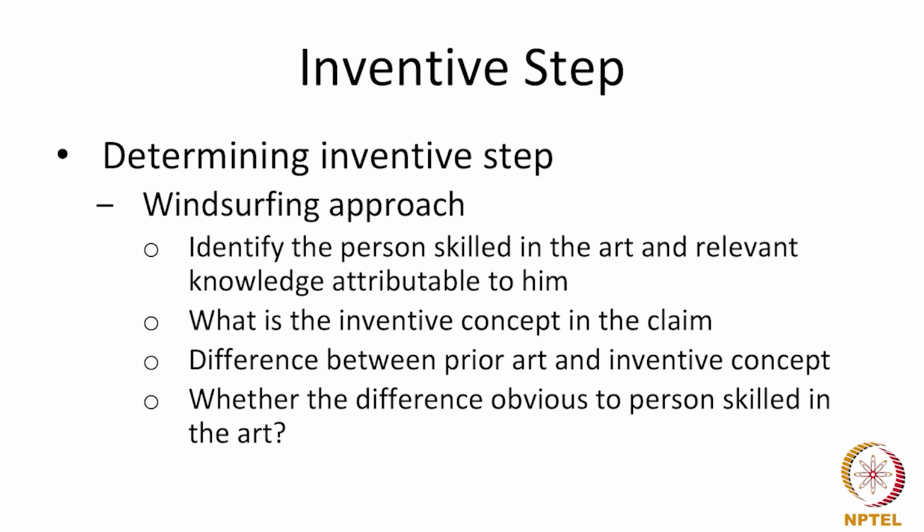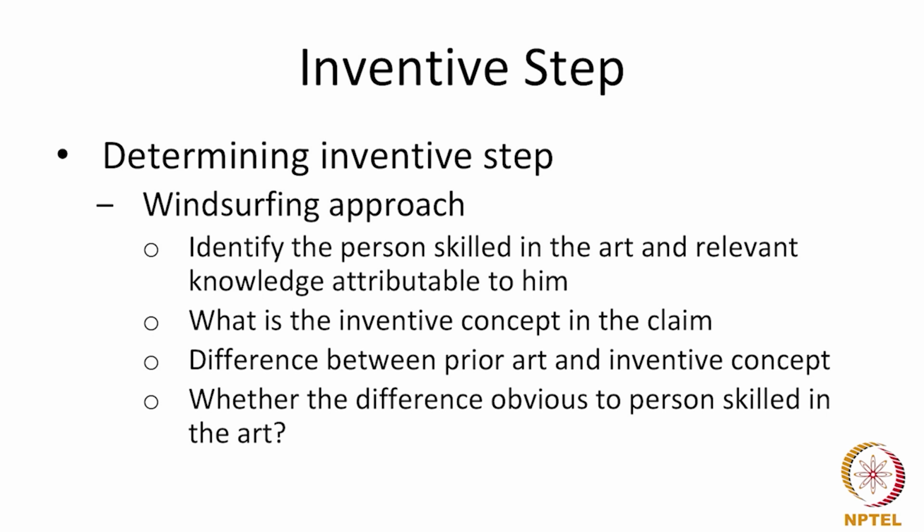So, once you do this, that is the third step, you will identify some difference between the prior art and the inventive concept. There is some difference between these two things. The fourth and last step will be, viewed without any knowledge of the alleged invention as claimed, which is removing hindsight, do the differences constitute steps that would be obvious to a person skilled in the art.